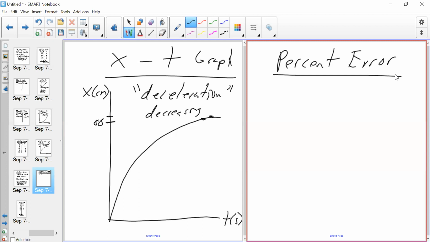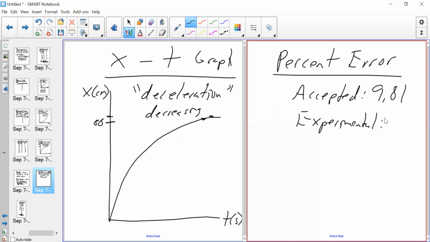Right, so let's say our accepted value for gravity is 9.81, and then we went to the lab and our experimental value is 9.6.